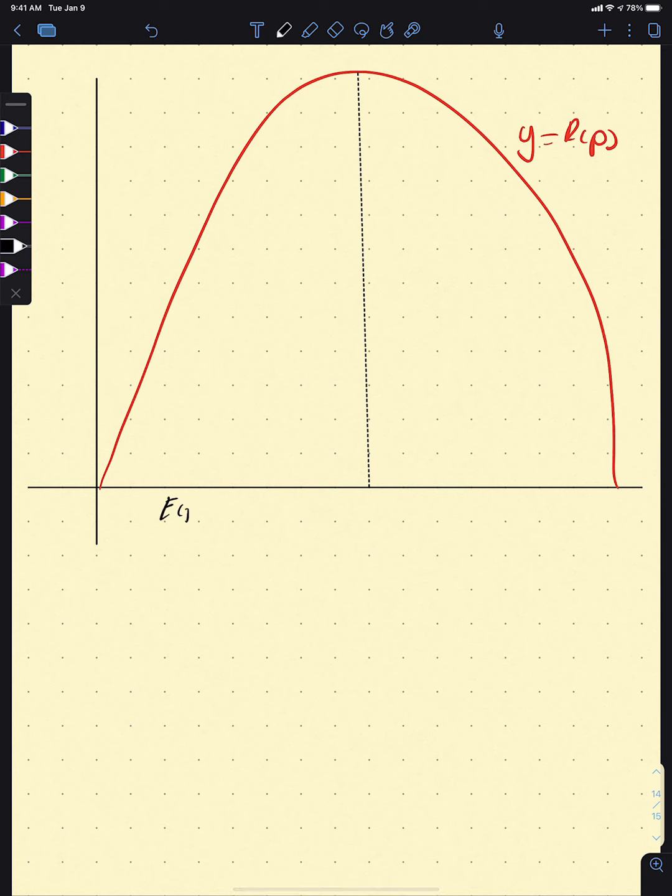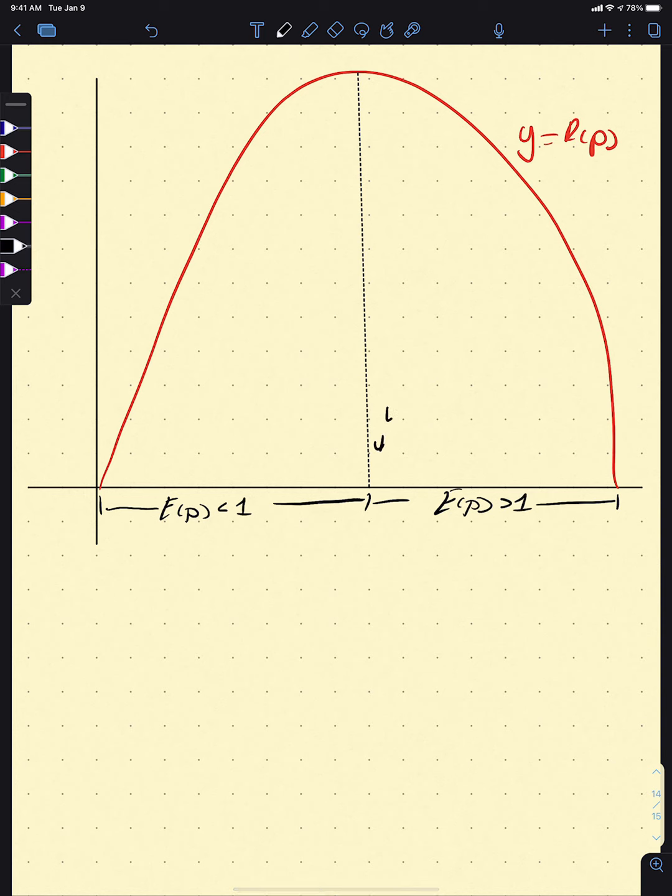From here, we have E of P less than 1, and here we have that our elasticity is greater than 1, so it's elastic.